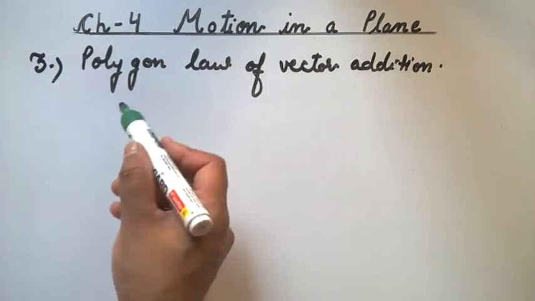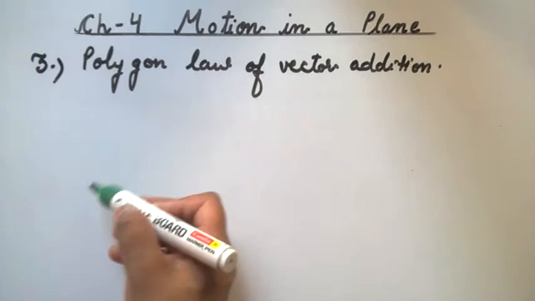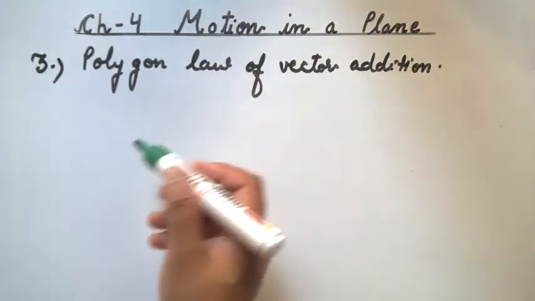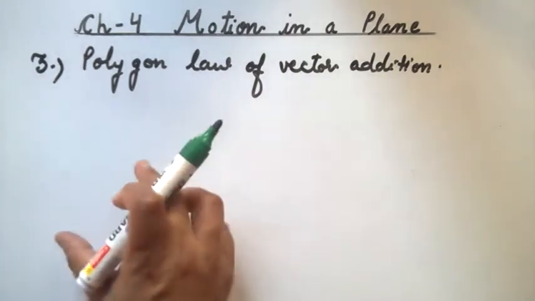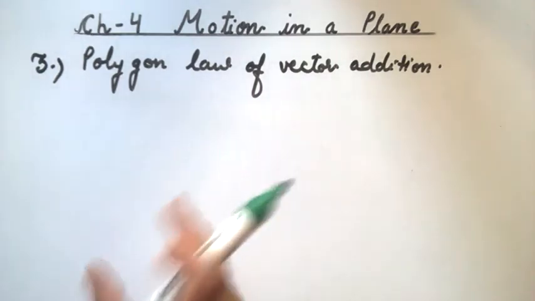In this, we consider a number of vectors in the same order, and the resultant vector is the closing side of all the vectors, and its direction is taken in opposite order.